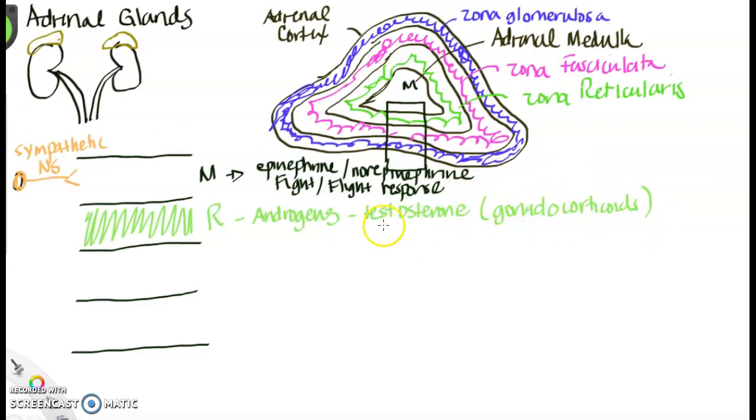Gonadotropins target most body cells, especially bone and muscle, and they increase bone and muscle size and strength.